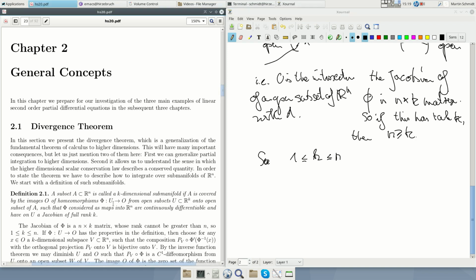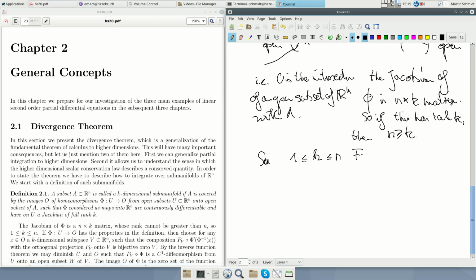And in fact, if k is equal to n, then we know by the inverse function theorem that A is open. For k equal n, A is open by the inverse function theorem, because then this is an invertible map. If it has rank n, then it's invertible.